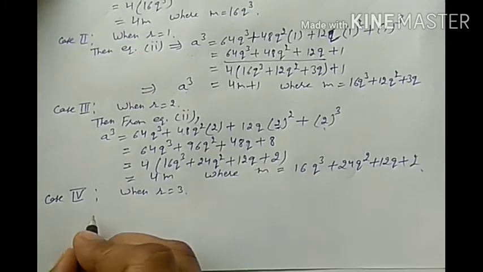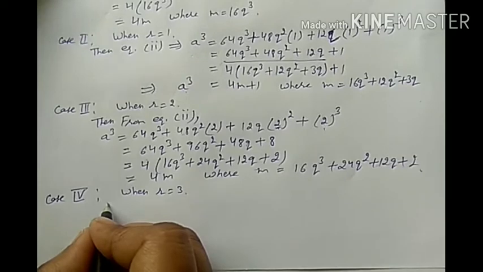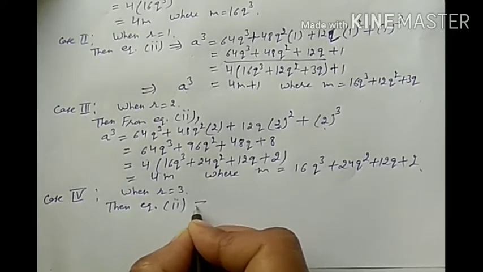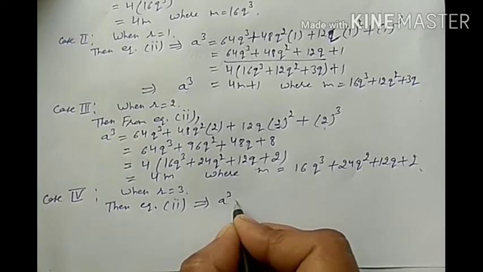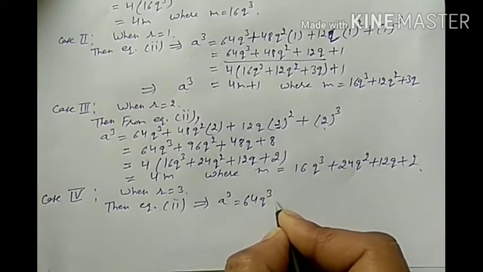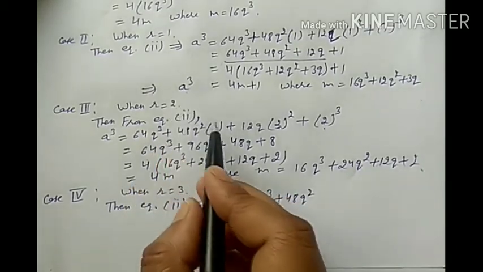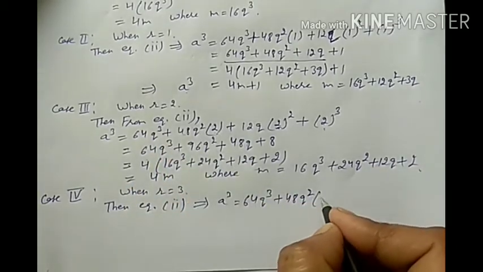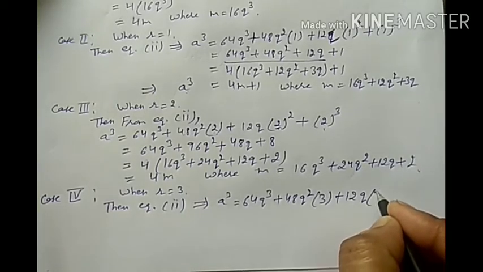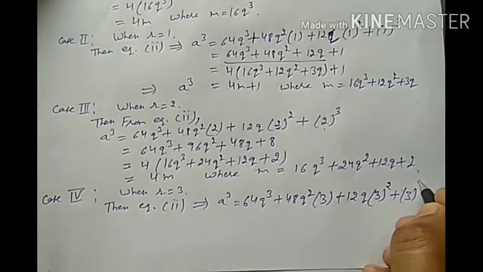Yes students, putting r is equal to 3 in equation 2, a cube is equal to 64q cube as it is plus 48q square, and now r is equal to 3, so 12 times 3, 36q, and the cube of 3.